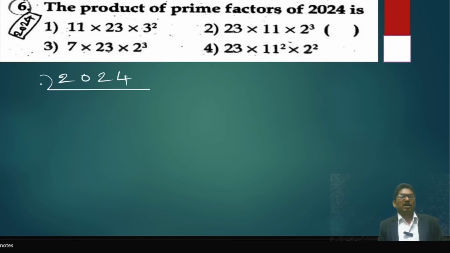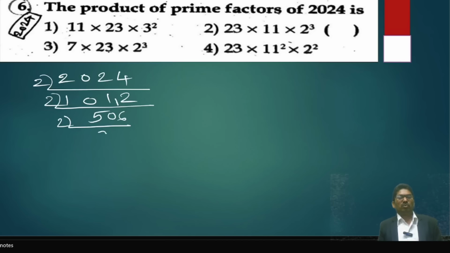Even numbers are divisible by 2. 2 ones are 2, 2 twos are 4, 2 5s are 10, 1 remainder, 2 6s are 12, again 2 table, 2 2s are 4, 1 remainder, 2 5s are 10, 2 3s are 6. Now this is not divisible by 2 table.